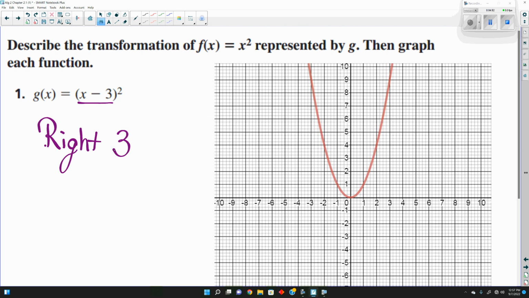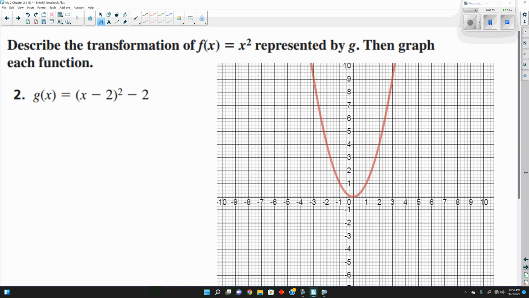I'm mainly focusing on y'all being able to describe what the transformation is. Questions on this here? It's negative, it goes right. Yes, if it's inside the parentheses.